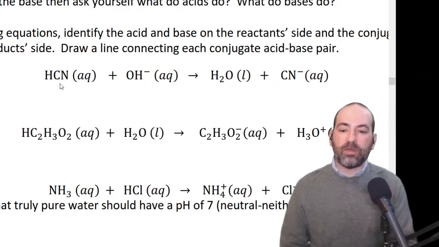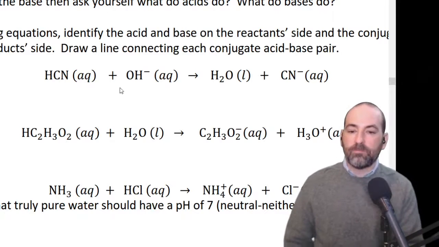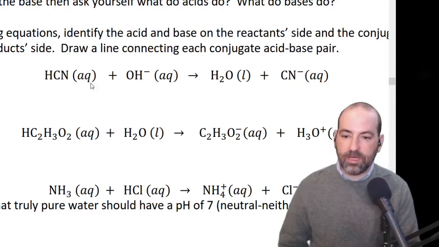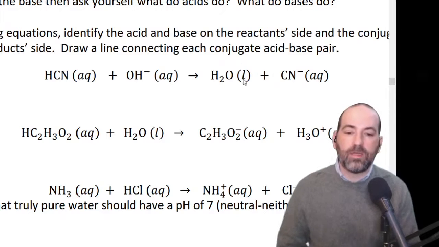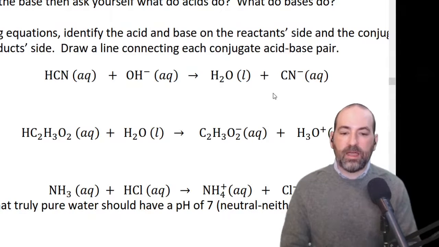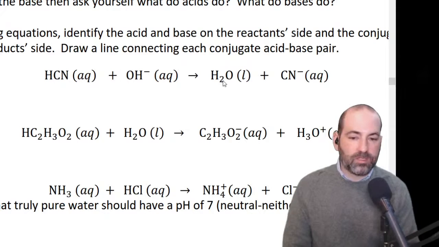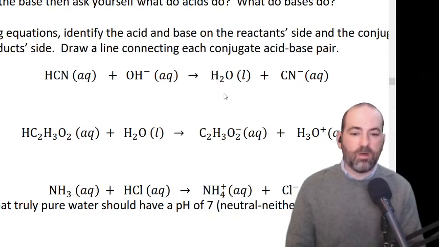So if we look at a reaction like this first one here, we can say, all right, what is changing as we go from products to reactants? Well, we start with HCN and hydroxide, that's hydrocyanic acid and hydroxide, and then we end up with water and cyanide ion. And so what's happening here is the hydrogen is moving from the HCN to the OH to make HOH or H2O.